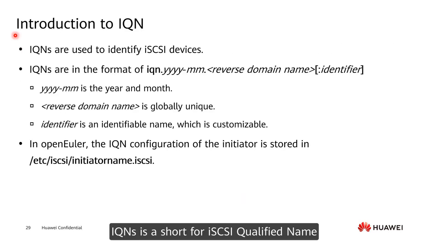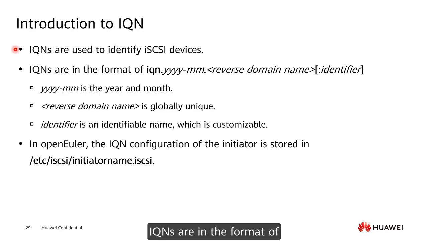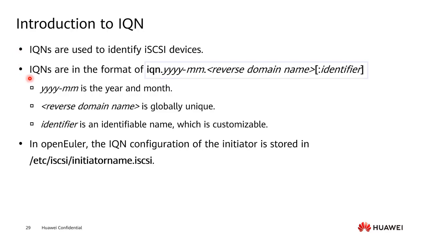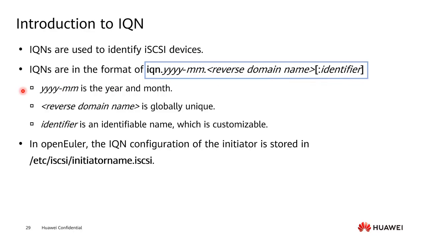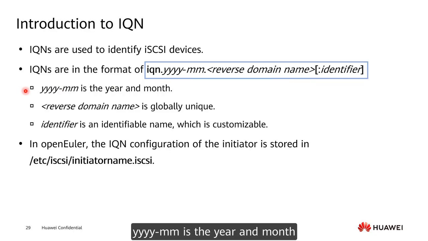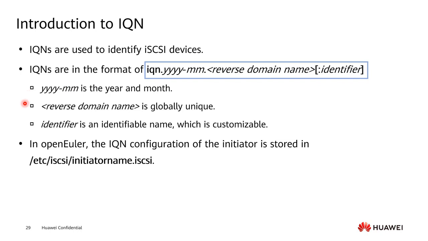IQN is short for iSCSI Qualified Name. IQNs are in the format of iqn, followed by year and month, reverse domain name, and identifier. The first part, YYYY-MM, is the year and month.